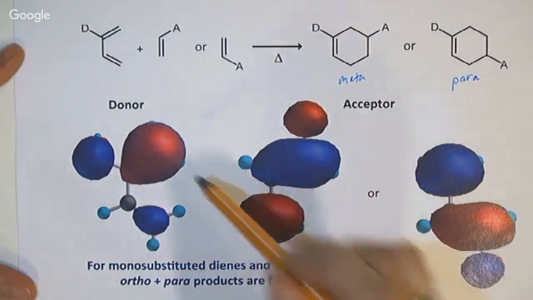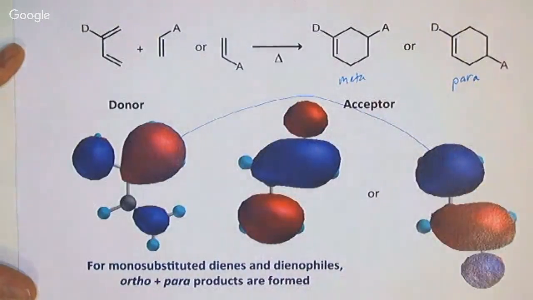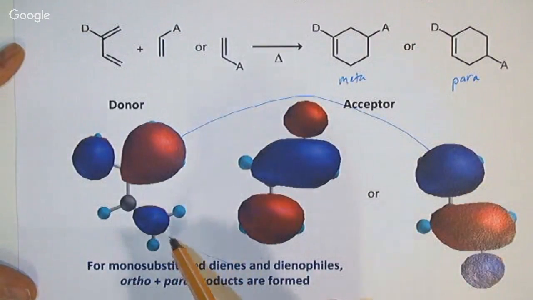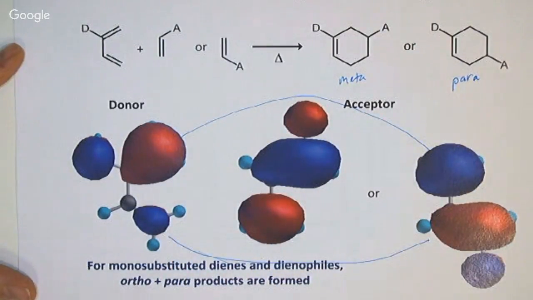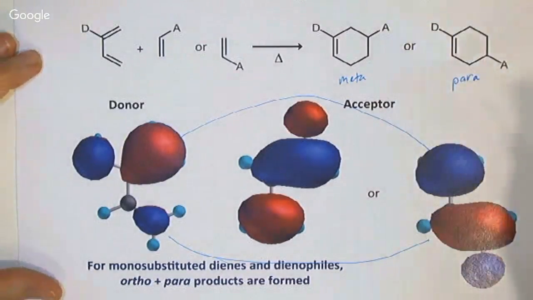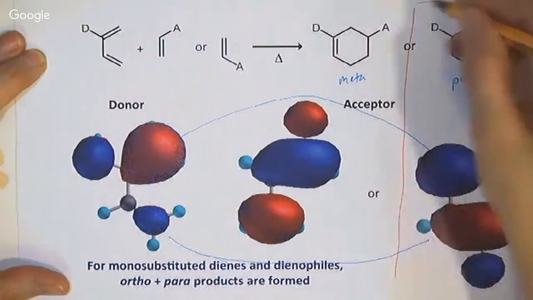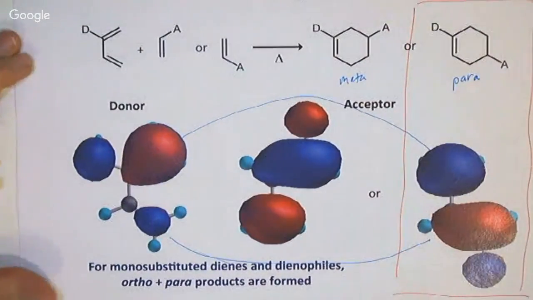And then these two would come together in order to start the product formation. And C4 and this carbon here would come together in order to form the product that we want. So that means between these two potential products, we would form the para. Okay? So it's completely a molecular orbital argument as to why it is that you only form ortho or para Diels-Alder products when you have mono-substituted dienes and dienophiles.